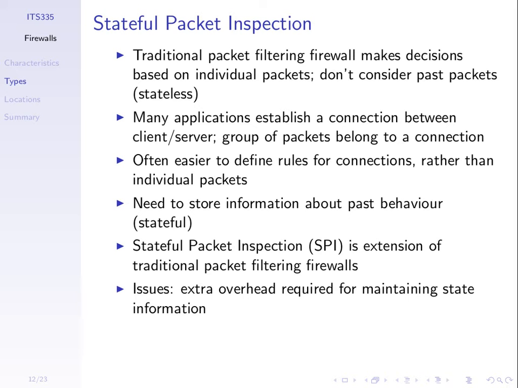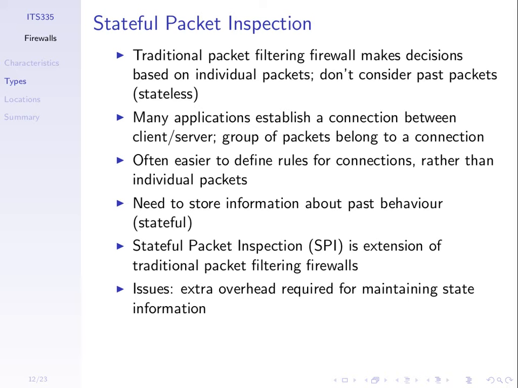Normally, a simple packet filtering firewall doesn't keep track of the past packets. It's stateless. But as we saw, things get complex if we want to create rules to allow simple applications like web browsing. Therefore, to make it simpler, we use stateful packet inspection, which stores information about the past packets, especially the past packets which have been accepted.